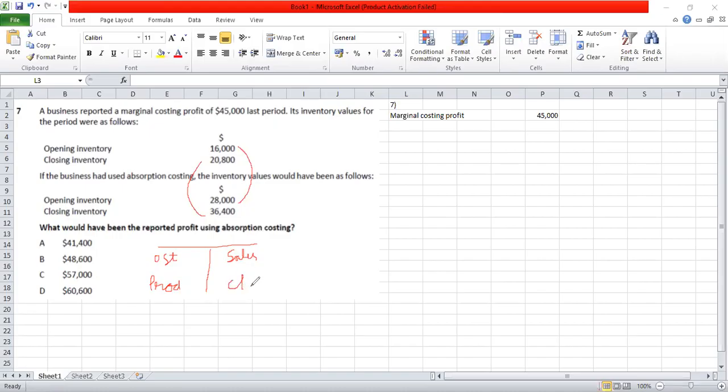These are the items we have. Production and closing stock, both the methods would be the same. There is no difference in that. The difference is in terms of the stocks. Now there is a profit, which means the credit side is greater than the debit side. So there is a profit as per marginal costing.